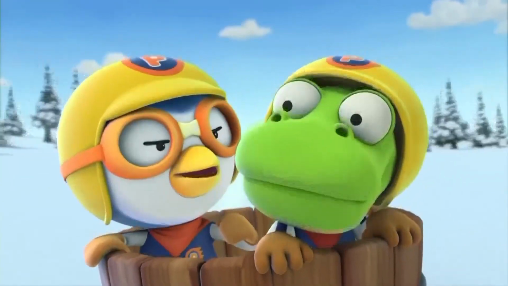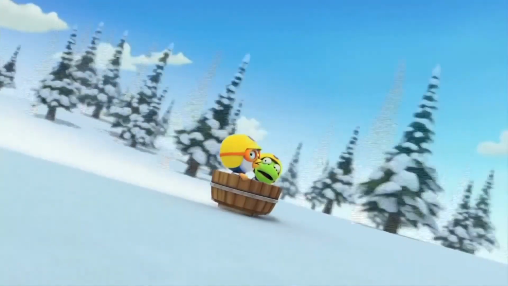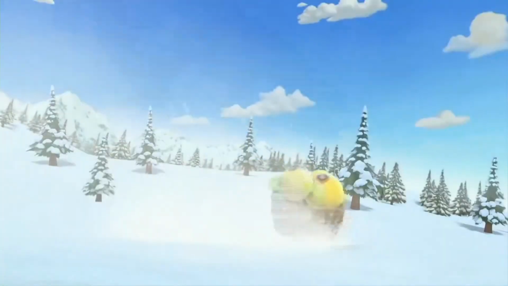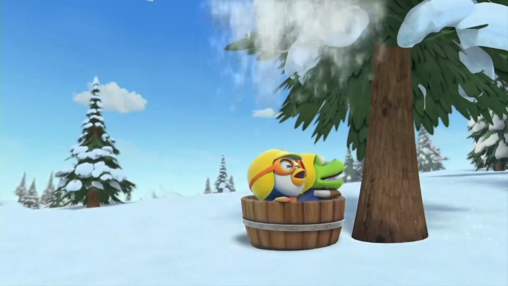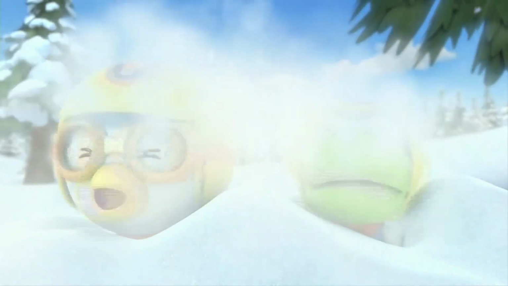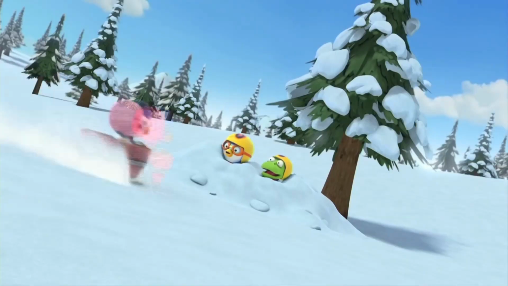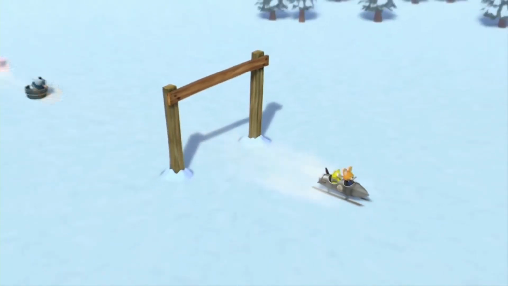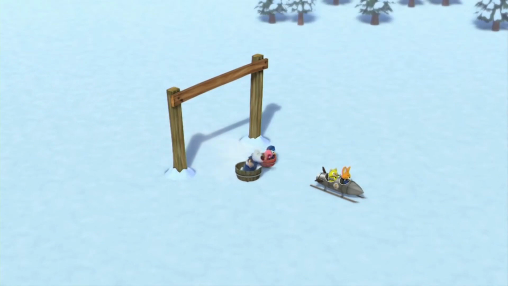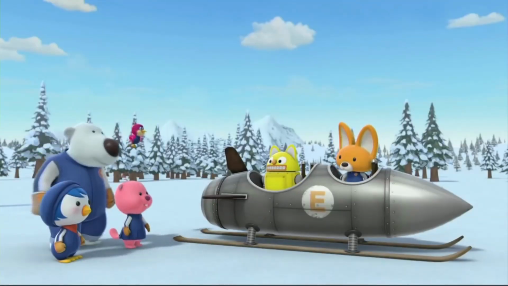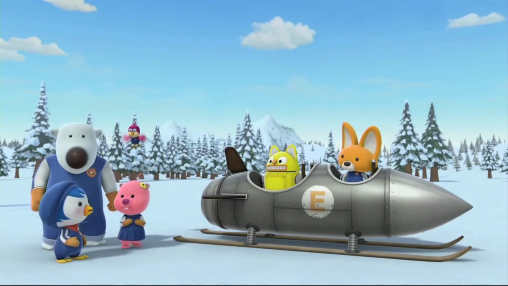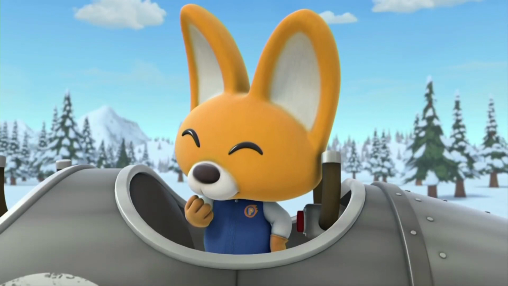Woohoo! We're in the lead! Not anymore! Yay! I came in first. Wow, that's super fast! It's a really cool sled. This is my latest invention.